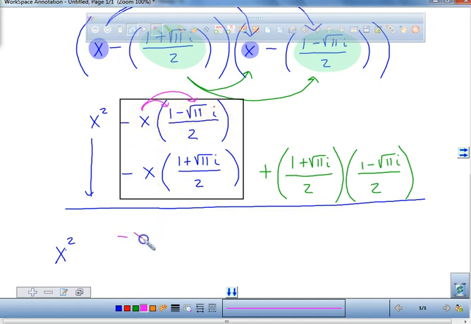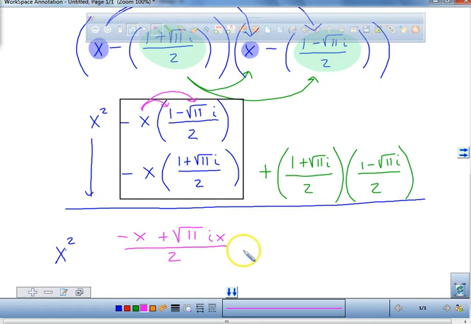That becomes a negative x. And what's a negative times a negative? That becomes a positive. And I have a radical 11, and then there's an i, right? So I'm just going to put an i, and I'll just put an x next to it. And what's that all over, everybody? That's all over a 2.